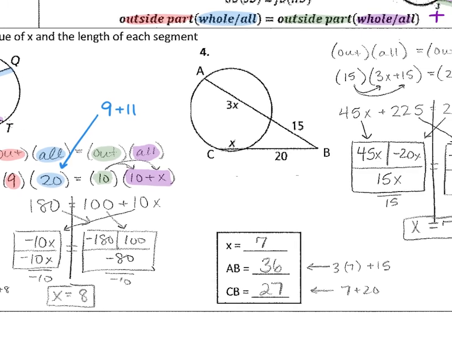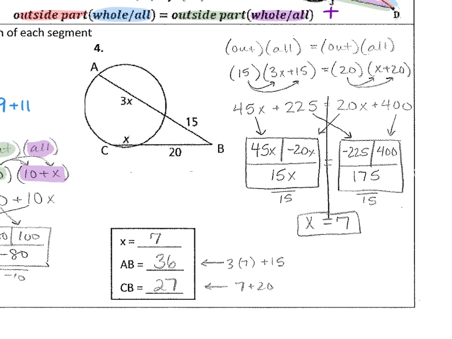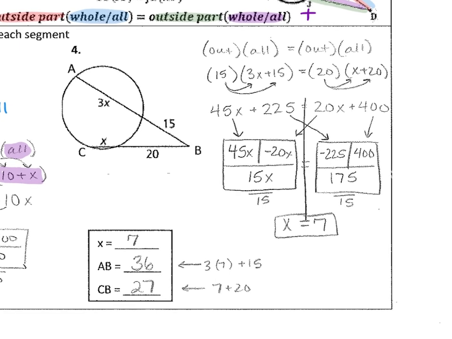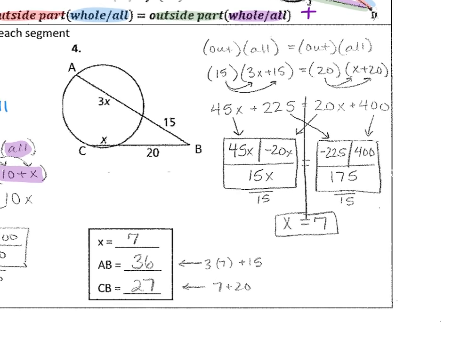Just to show you another example here where there's a little bit more distribution going on, let's see if we can highlight the setup. Outside number. For the first or the top chord, what number is outside? 15. So I put a 15 in that parentheses.